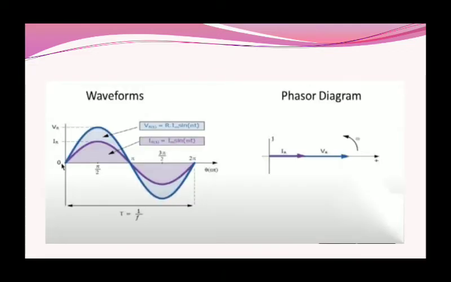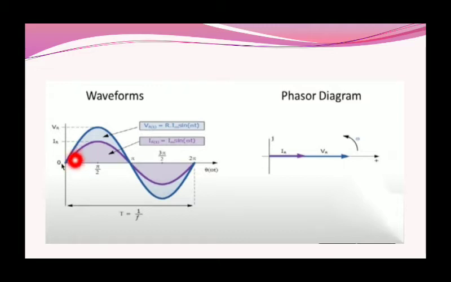Another example we can take. Consider there are two waveforms. One is the waveform of voltage and another is the waveform of current. Always remember the voltage magnitude is always more than current, and the current is always smaller than the voltage. You can see here the blue is voltage and purple is current.